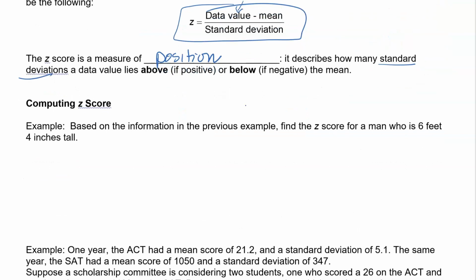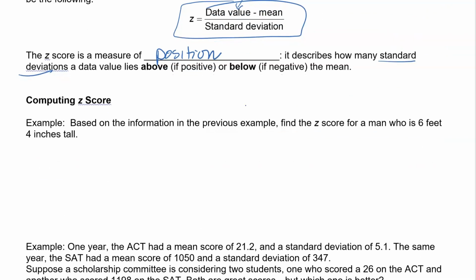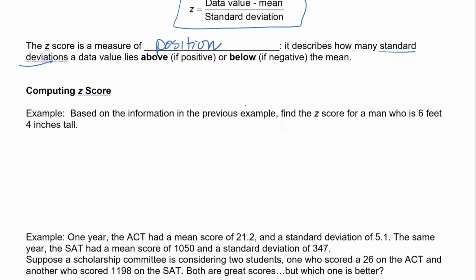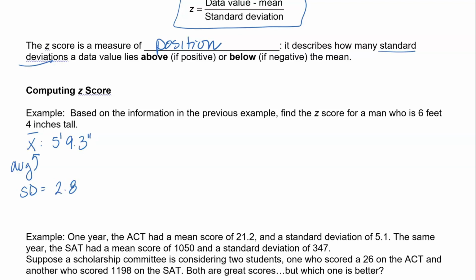So let's do this example. Based on the information in the previous example, find a z-score for a man who is 6'4" tall. I'm just going to write down what we had before. We had that our average male height, the symbol for average, is 5'9.3" tall, and we were told our standard deviation is 2.8 inches.